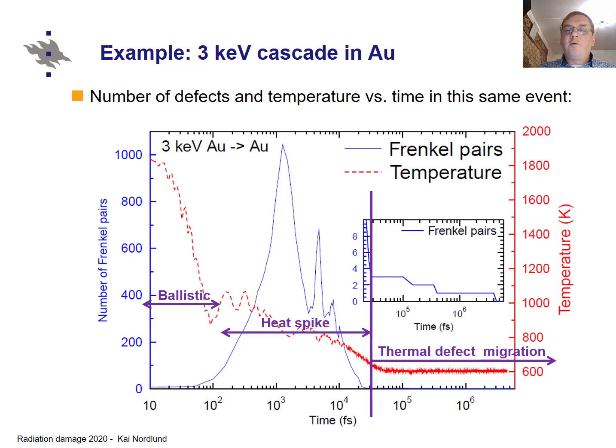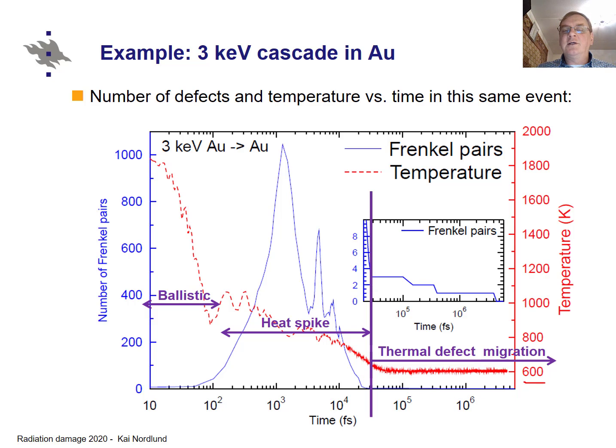And at about 450 picoseconds, you see the temperature of the entire cell has got back to the ambient temperature of 600 kelvins. And after that, because we don't add any temperature in any way, the temperature stays at the equilibrium temperature in principle forever, but this is the thermal defect migration stage. Note that this time scale here is logarithmic and highly logarithmic. We start at 10 femtoseconds and end at 5 million femtoseconds.